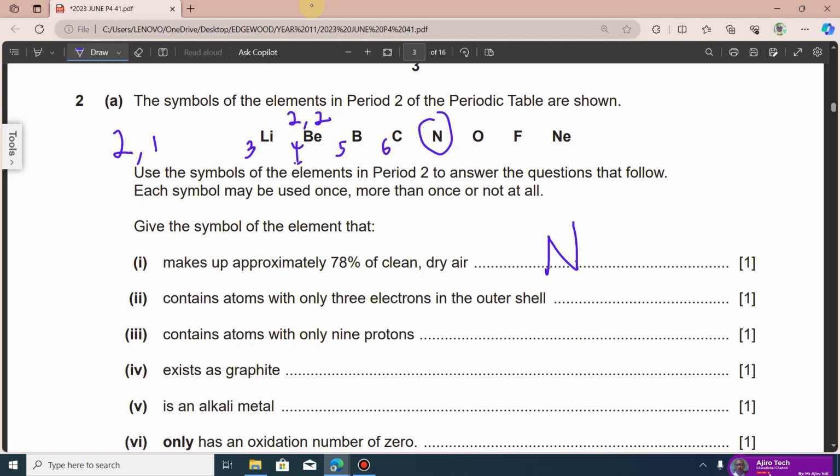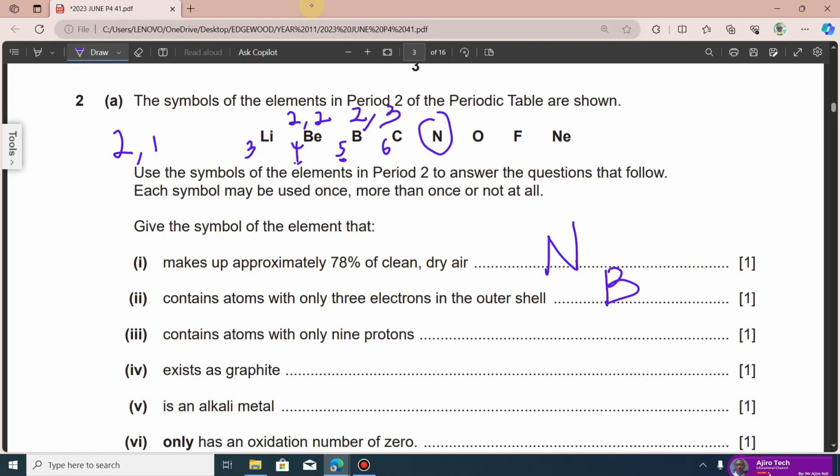But when we get to boron, of course, we do the same thing, 2 electrons in the first shell, and to balance it with the atomic number of boron, the next shell would have 3 electrons to make it up to 5. So we see that for this question, boron is the answer because it has 3 electrons in its outer shell. So all we need to do is to just write boron, B, the symbol of boron.